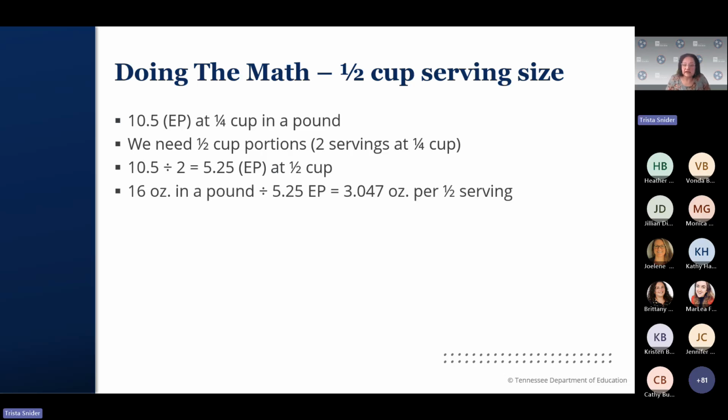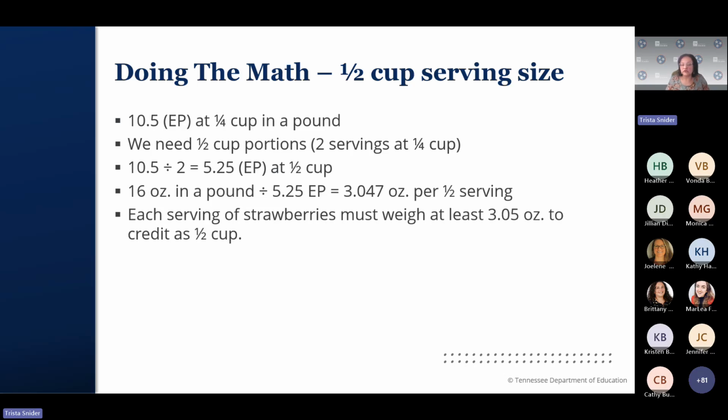We know that there's 16 ounces in a pound, so we're going to say 16 divided by the number of edible portions, which is 5.25. That'll tell us that each one of our servings of strawberries needs to weigh 3.05 ounces or a little more to credit as a half a cup.